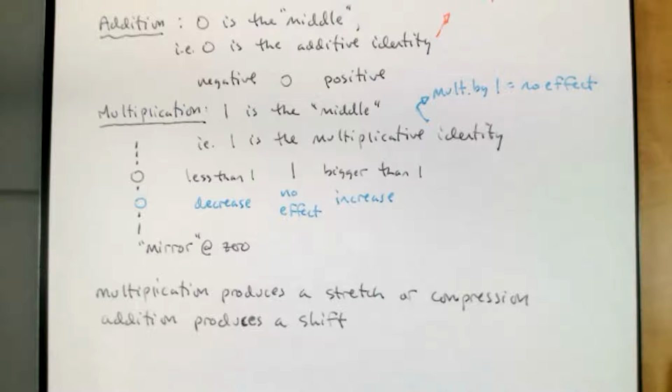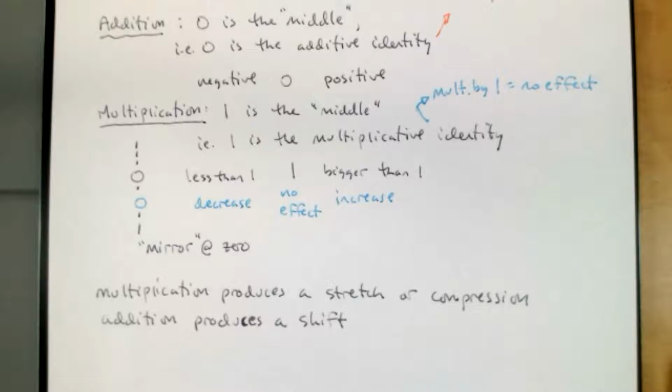We also know that we can have vertical transformations and horizontal transformations. Vertical transformations happen when we apply a transformation after the function. So think of our base function like sine x or cosine x.